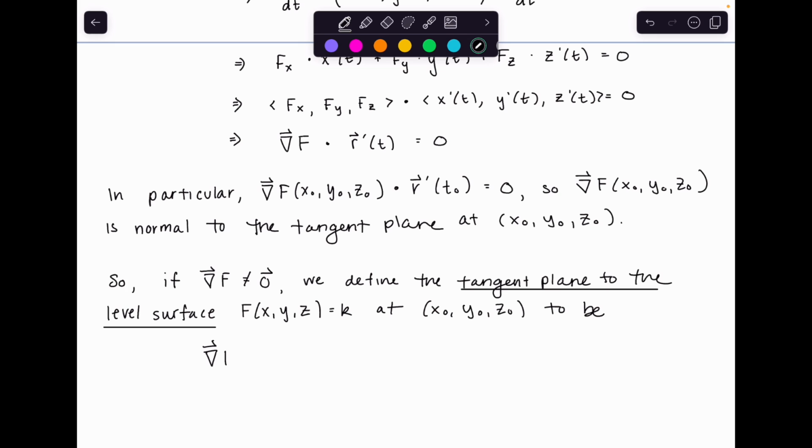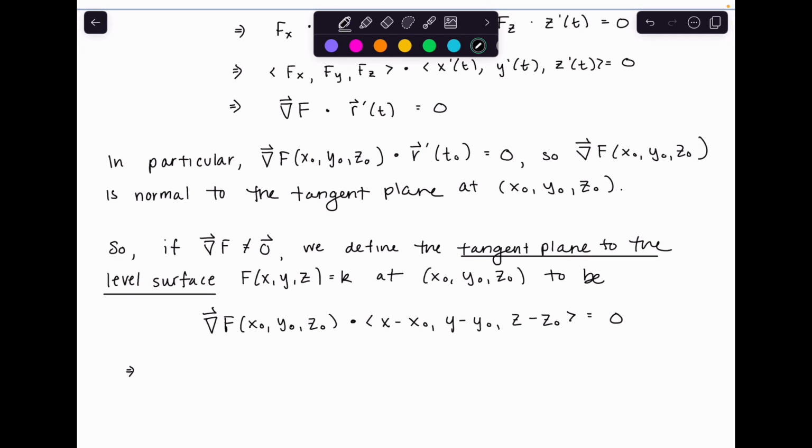We take the gradient vector evaluated at that specific point and dot product it with the vector x minus x naught, y minus y naught, z minus z naught, and these two will equal 0.